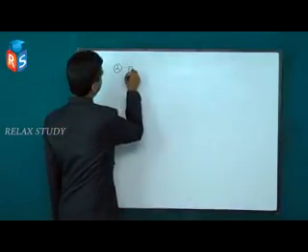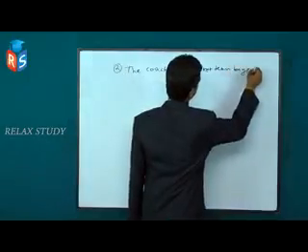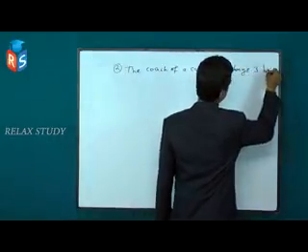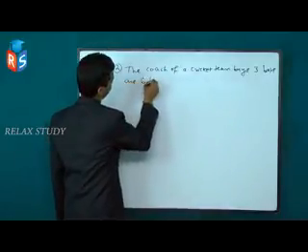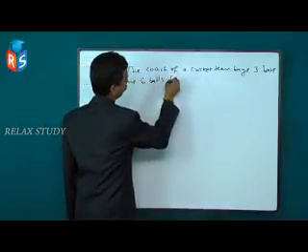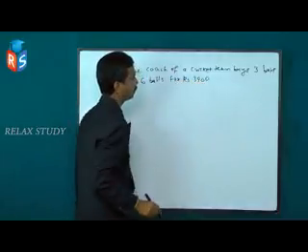Second problem. The coach of a cricket team buys 3 bats and 6 balls for rupees 3,900.